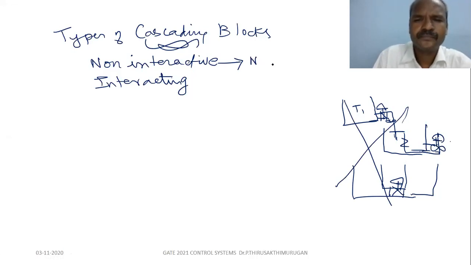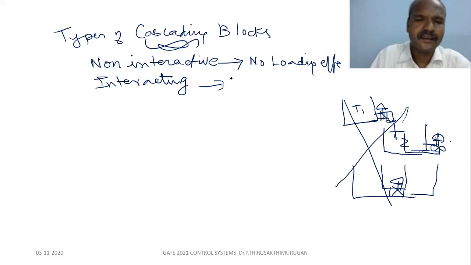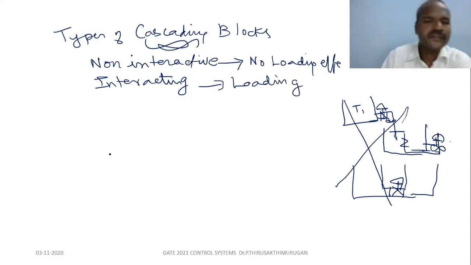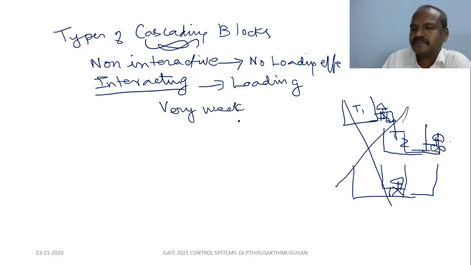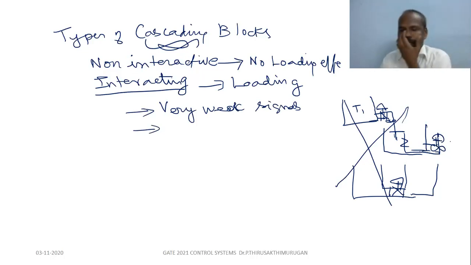Whereas interactive has a loading effect. The interactive type of system has very weak signals, so it is not applicable for block diagram representation.